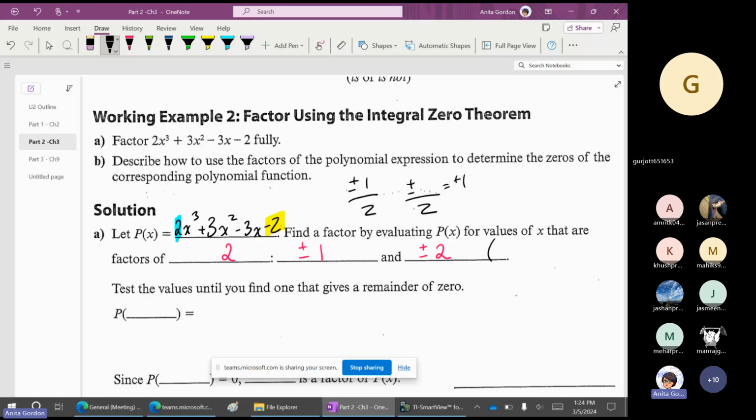But this tells me that plus or minus 1/2 is also a possible factor. Usually we won't need to worry about the fraction factors because we'll be able to pull them out at some point using easier methods. But something for you to know. The possible factors are the factors of the constant, and if there's a leading coefficient, you have to divide them by the leading coefficient to find any other ones that you've got.